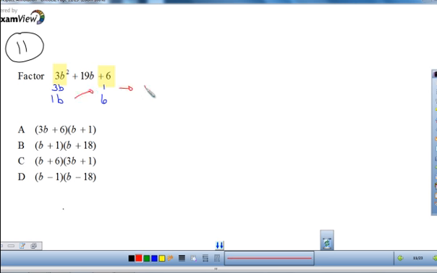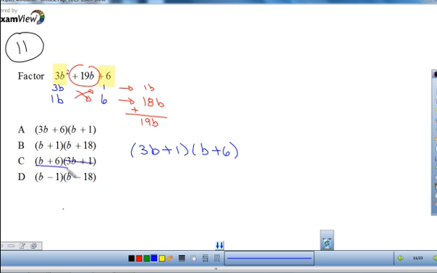Cross multiply. Remember, our goal is to get our middle term, so when we add, we get 19b. So my factored form is going to be 3b plus 1 and b plus 6. Remember, it doesn't matter which order they go. You just need to look for 3b plus 1. So here's 3b plus 1, and here's b plus 6.